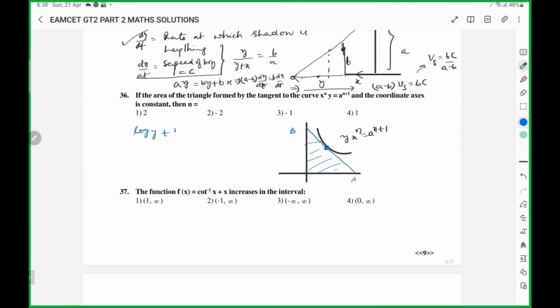Taking log of both sides, 1 by y times y dash equals minus n by x. Here y dash is minus ny by x.